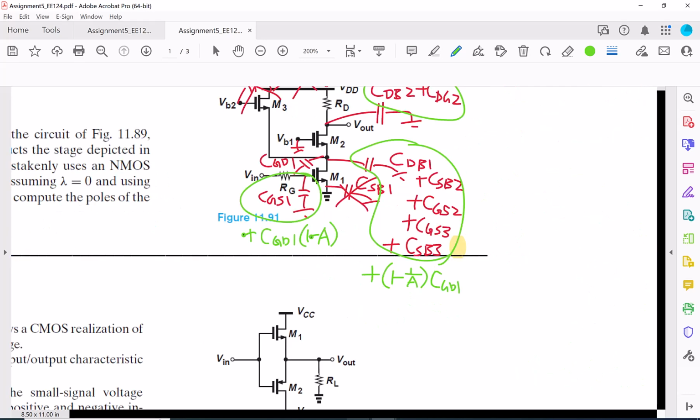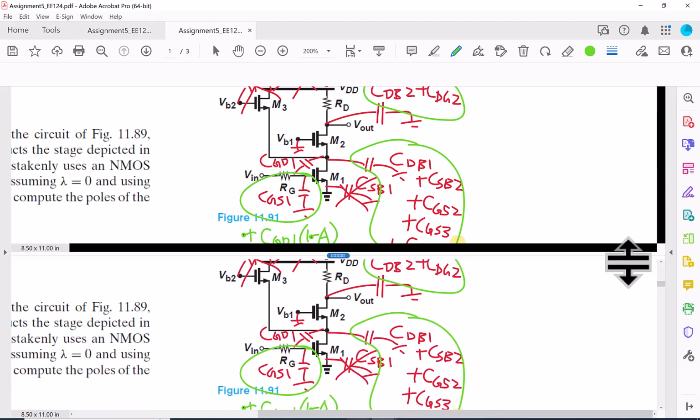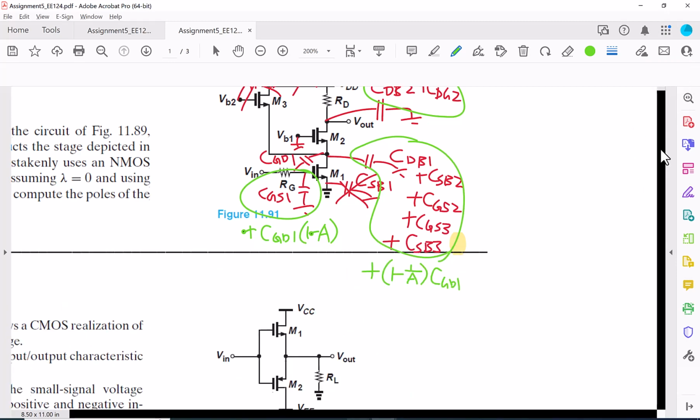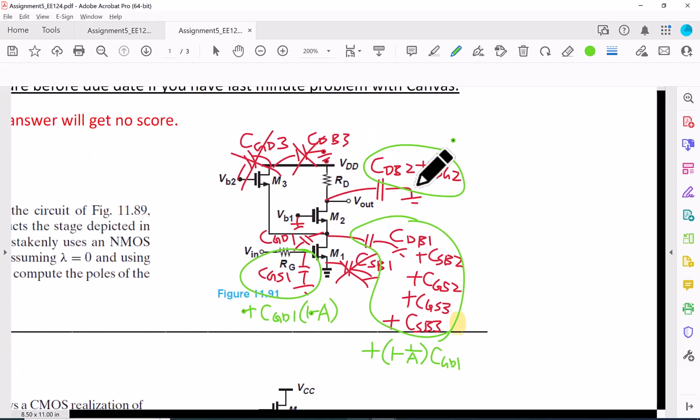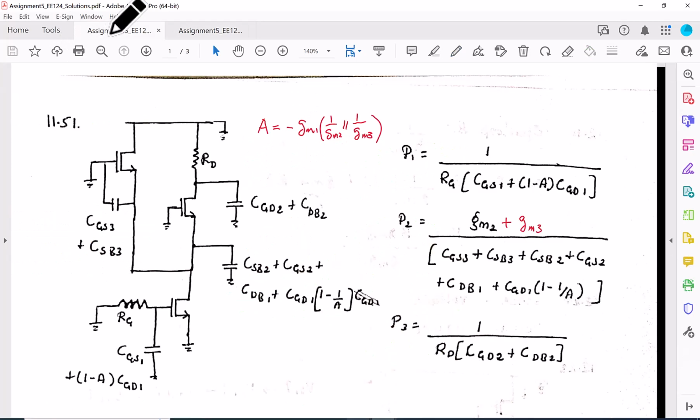Let me make it smaller. So I have 3 poles. One is CDB2 plus CGD2.